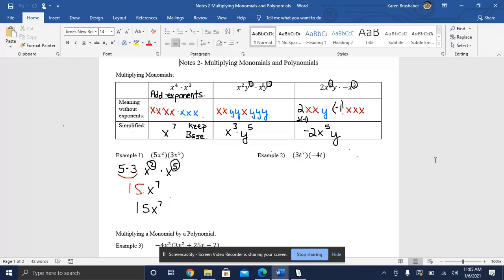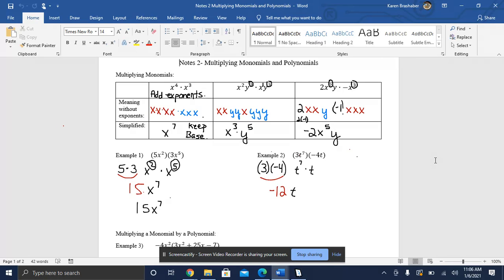And then in our second example, we have our coefficients of 3 and -4. Then we have our base of t to the 7th and our base of just t. So our 3 times -4, we'll multiply that together to give us -12. And then we'll keep our base t.